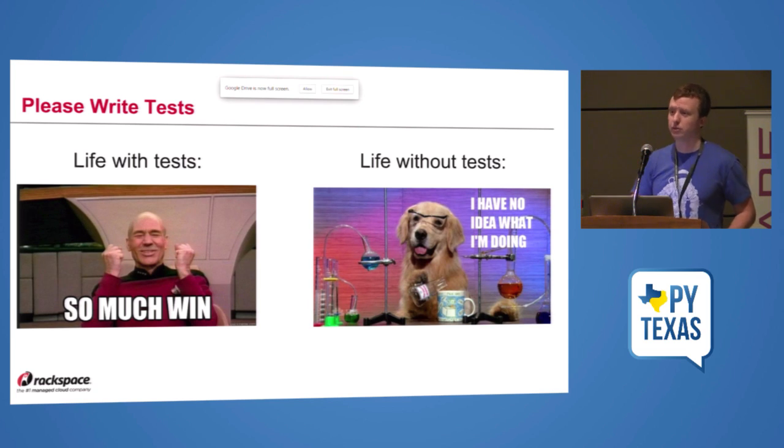And then on the right here you have poor old science dog who has no idea what's going on with his project, because every time he makes a change, the only way he knows that he hasn't broken anything throughout the project is to go back and manually test things. And that's a horrible place to be in.